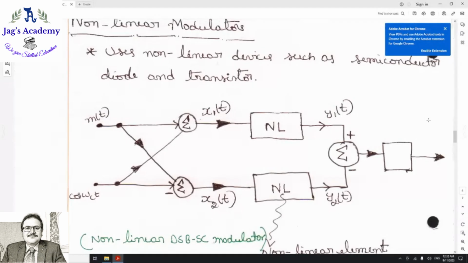What is this baseband frequency? I am putting a new word here. Baseband frequency means frequency of the message signal itself, right? Baseband signal is normally a low frequency signal, right?